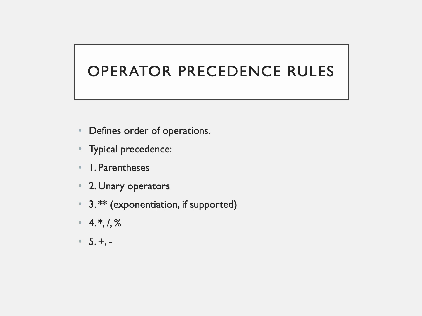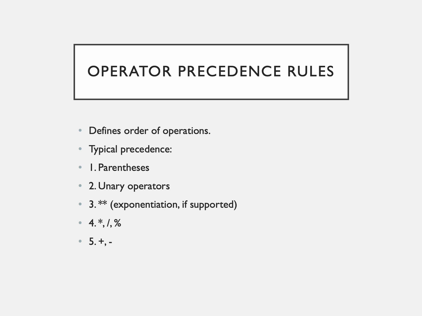Third is exponentiation, if supported, like in Python; it executes before multiplication and division. Then multiplication, division, modulus have the same precedence and are evaluated left to right. Then lastly, addition and subtraction. These are the lowest precedence among arithmetic operators.